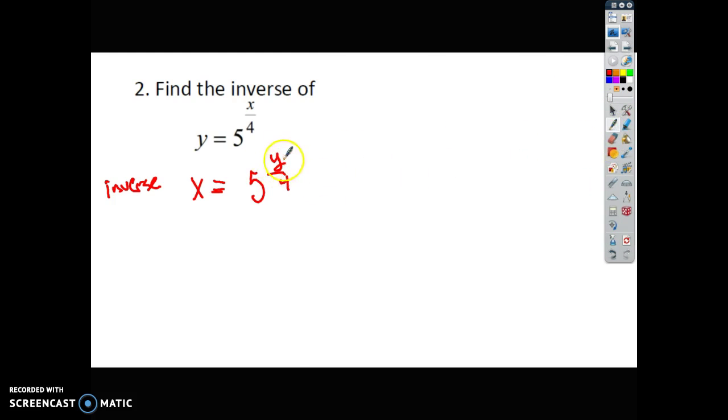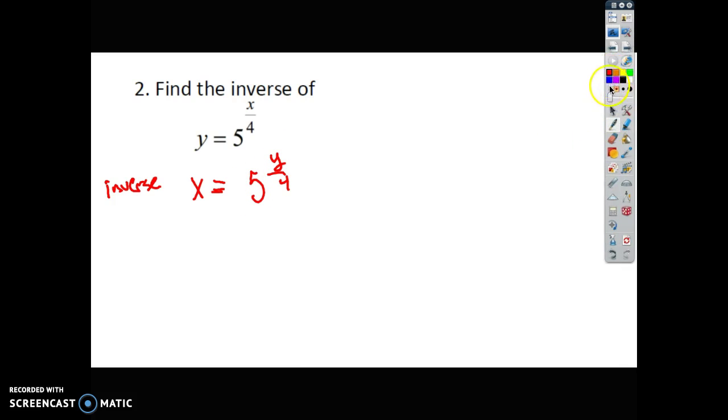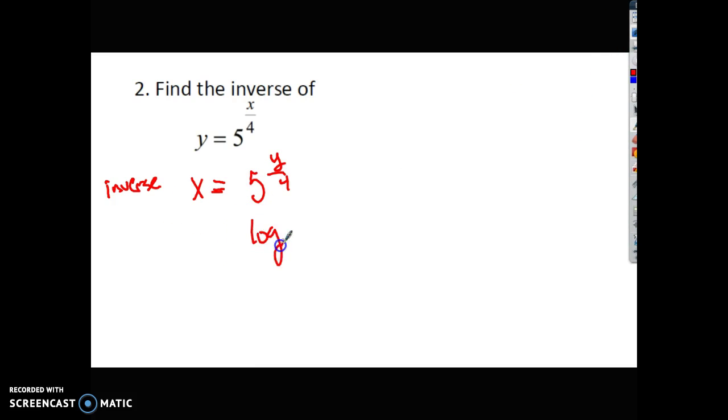The way we separate y from the exponential slot, we have to write it as a log. We're going to rearrange it. So how do we rearrange as a log? Well, after log, you write the base, which is 5. After that comes the result, which is x. And then at the end is the exponent, which is y over 4. Now we're one step closer to getting y by itself.